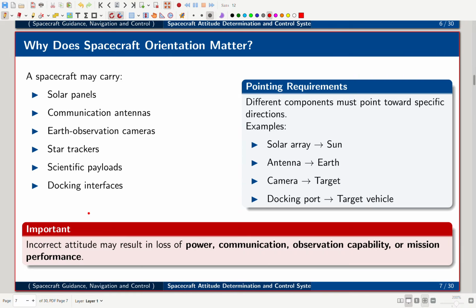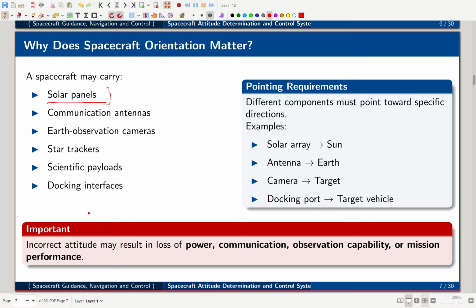So why does spacecraft orientation matter? That's very important because we should know why we study this. A spacecraft may carry solar panels, required to power the spacecraft, because the battery has to be charged.